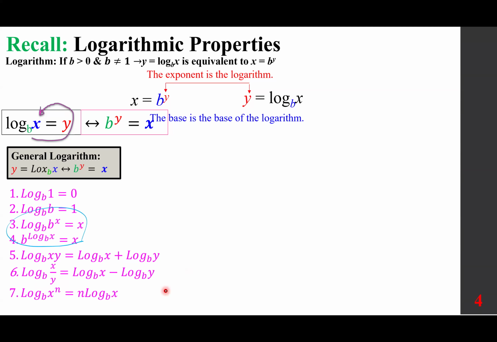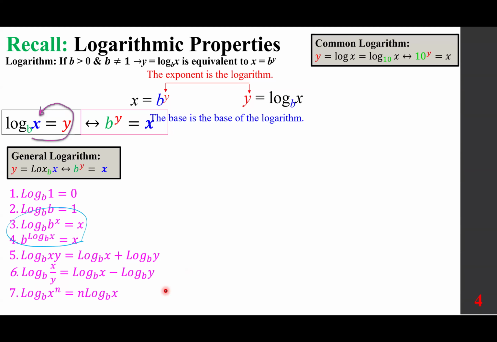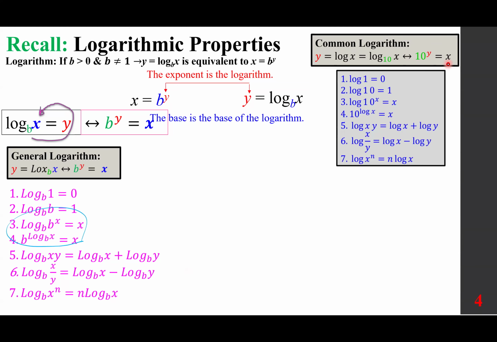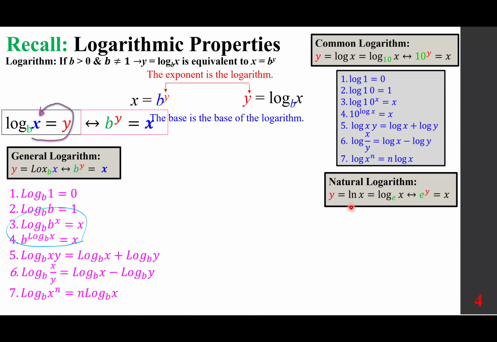Now, if we go with common log, that means the base is 10, and then we write y equals log x. We don't write the base, meaning 10 to the power of y equals x. And these properties that are general become specific for common log. Natural log, the base is e, so we write y equals ln x.